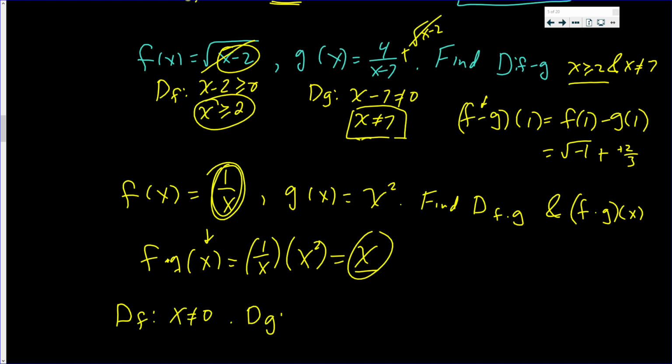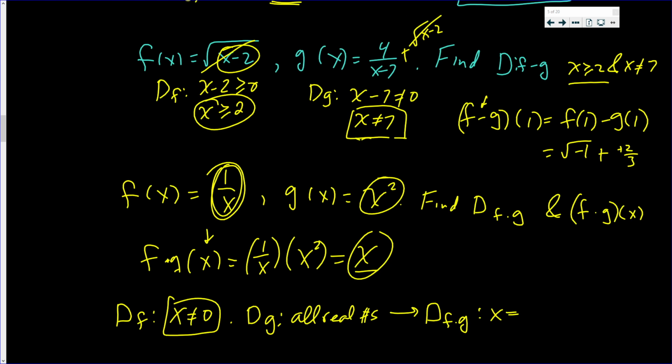The domain of g: oh, I can square any number. It's all real numbers. So the combined result is, now I don't care if you're looking for f times g, f plus g, f minus g. There's only one constraint. X cannot be 0. Do not look at the end result.